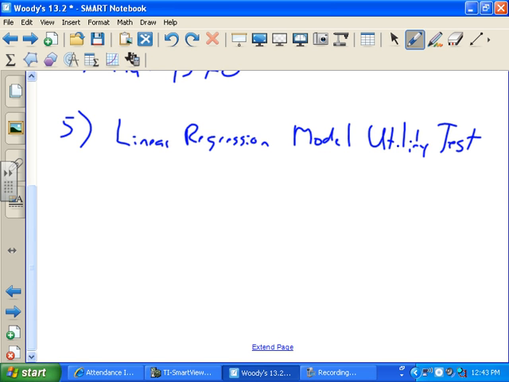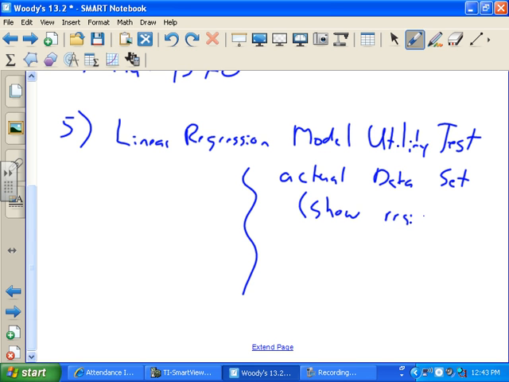This is where we talk about random, independent, and normal. If you have an actual data set, here's what you need to do: show a residual plot.